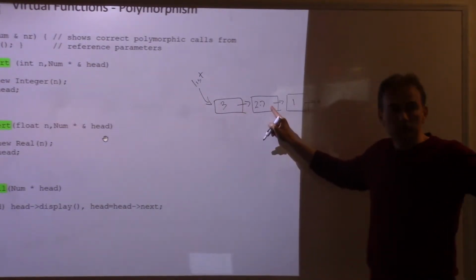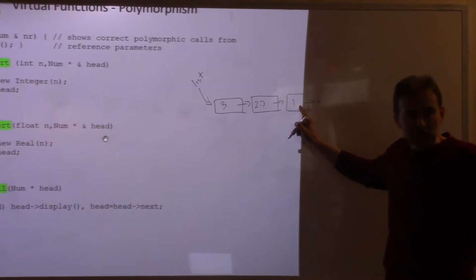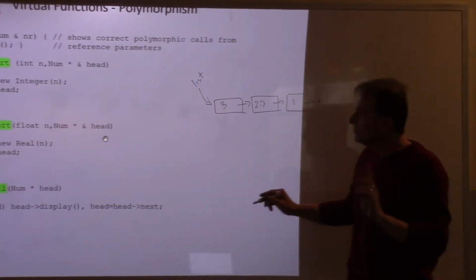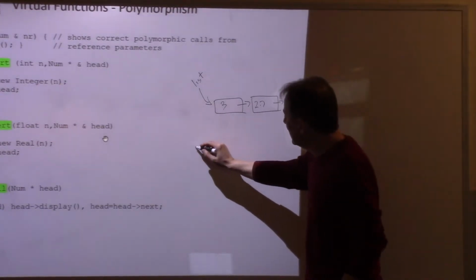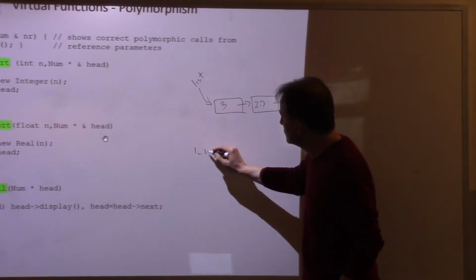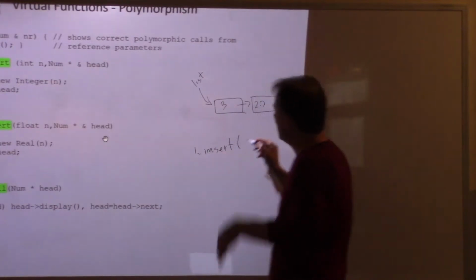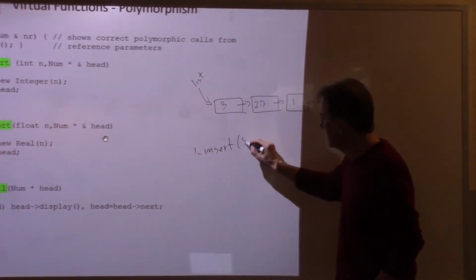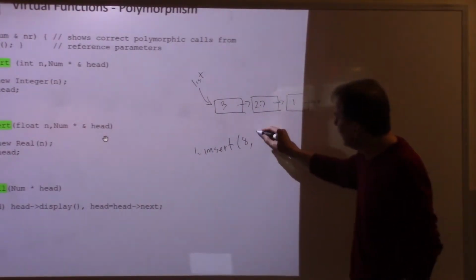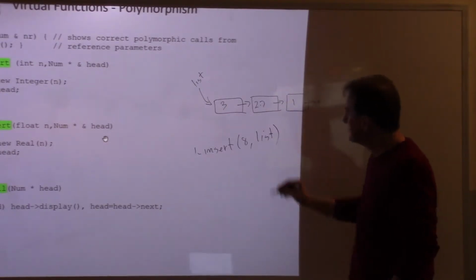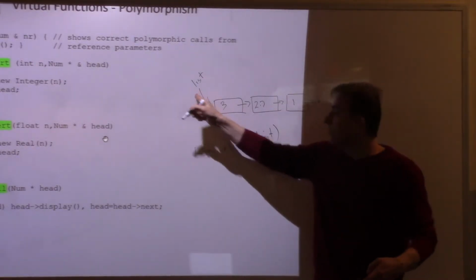What type is this? Real. What type is this? Integer. Okay. So what I'm going to do is say IInsert, and for the first parameter I'm going to put, let's say, the value 8. And then I'm going to put list. What type is list? Well, list is obviously a pointer to num.